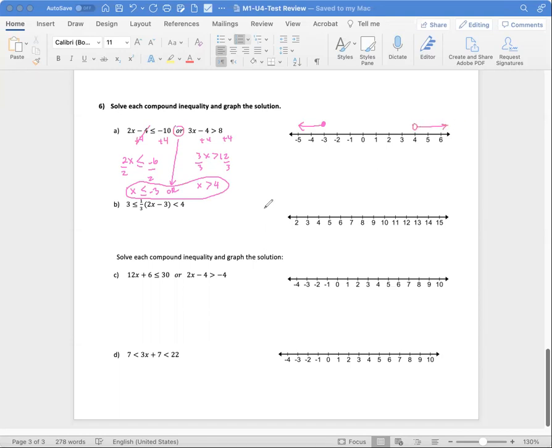Part B, you have 3 is less than or equal to 1/3 quantity 2x minus 3, which is less than 4. So you're saying this is in between these two values, right? One way to solve this, one way to clean this up, especially the 1/3 here, right? And maybe let me use a different color. Let me see if I can move this up a little bit.